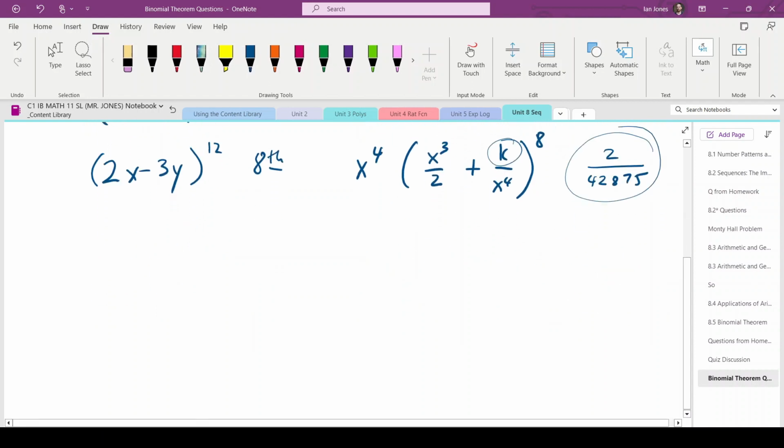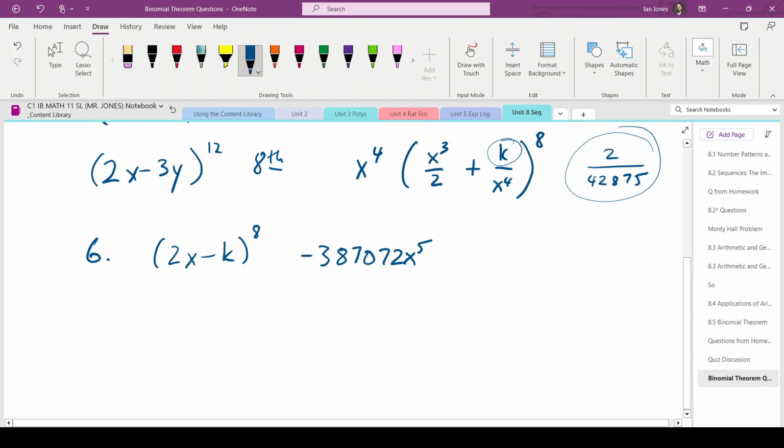I'm going to do number 6 from exercise 10 in the textbook. In that one, we're told that the 4th term in the expansion of 2x minus k to the 8 is negative 387,072 x to the 5th, and we're asked to find the value of k.